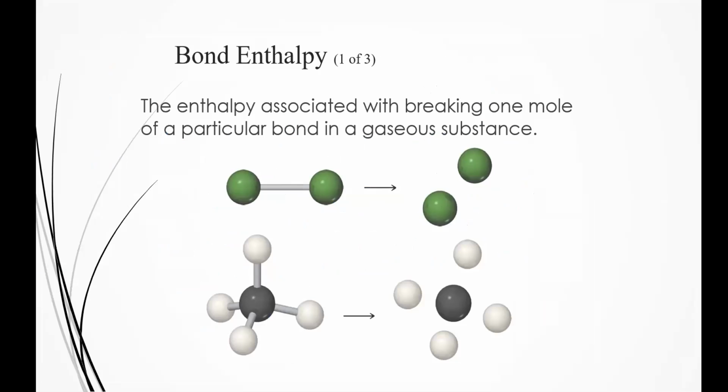Now, a third way for you to talk about your enthalpy has to deal with the actual bonds, whether they're being broken or put together. Now, this is probably one of your most useful techniques in the sense that you can do it for any type of product or any type of reaction, but it's also maybe the one that differs the most from our practical situation because it's assuming that that bond energy is the same for a particular bond in a gaseous substance, which isn't always the same.